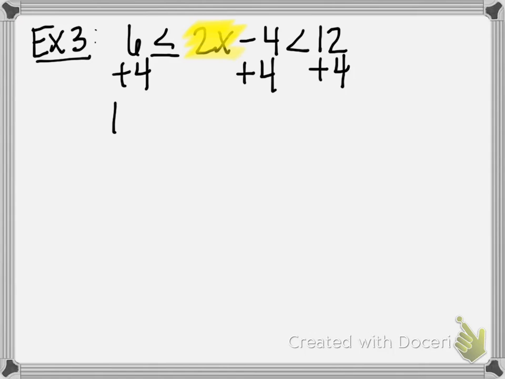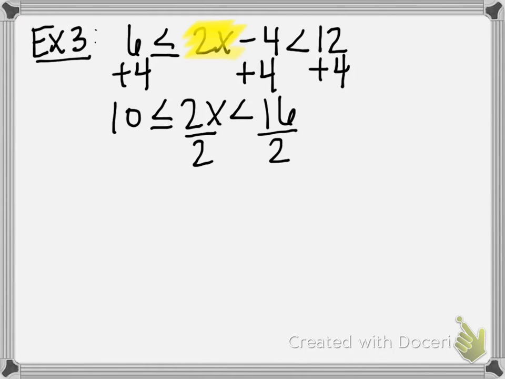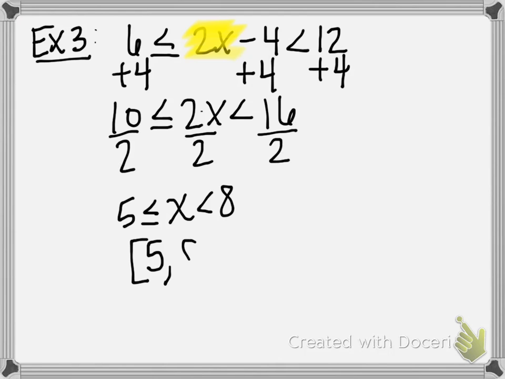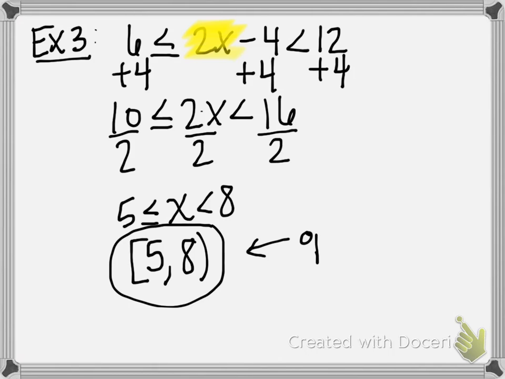All right, so I've got 10 is less than or equal to 2x, which is less than 16. Then if I need to get the 2 away from the x, I undo the multiplication by dividing, and I get 5 is less than or equal to x is less than 8. My inequality with the equal to on the 5 makes that a square bracket, while on the 8, that's a parentheses. I'm double checking to make sure you've got the correct order here.